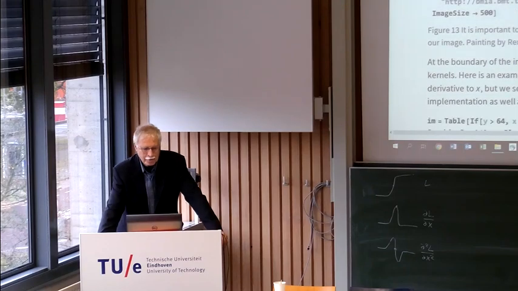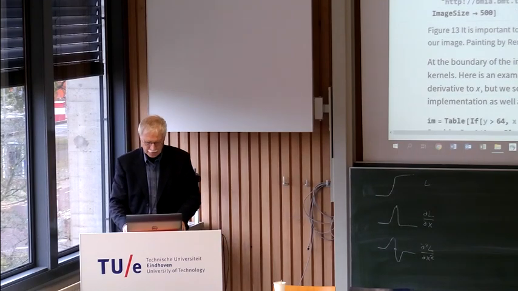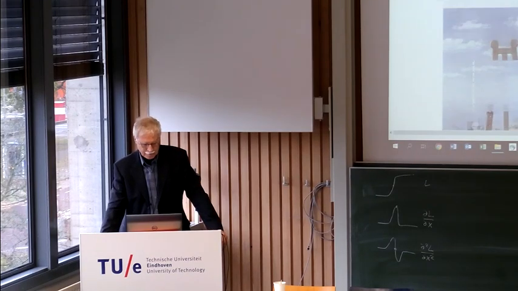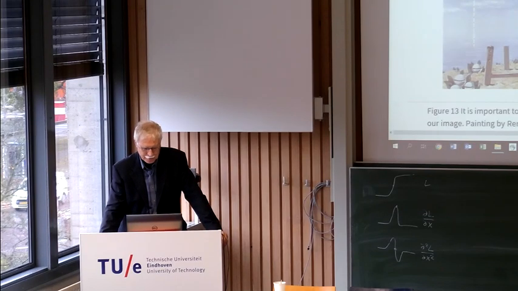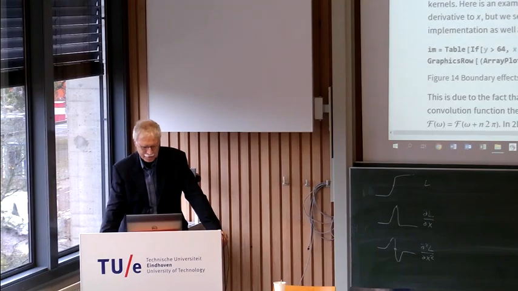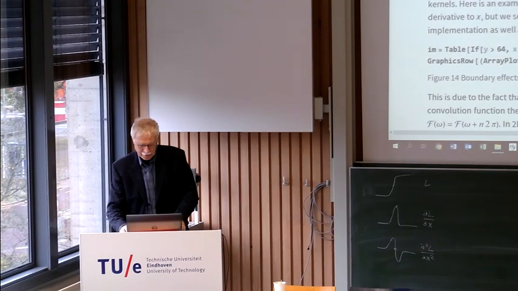Okay, a couple of last things. How do we deal with boundaries? You see there are some nice boundaries here. This is a famous painter, René Magritte, Belgian guy. Very interesting things.